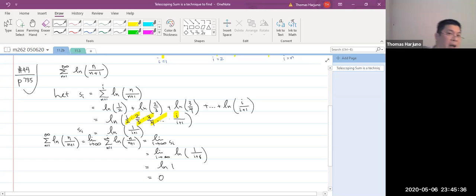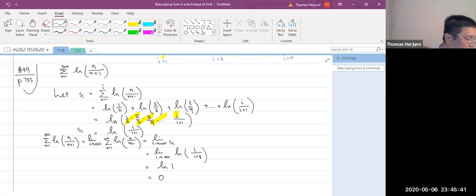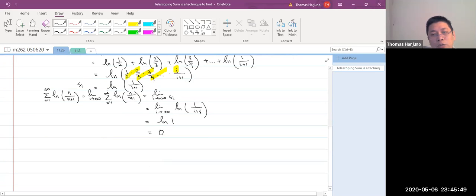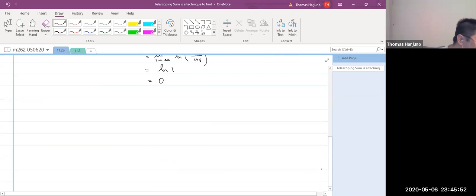Now, it is possible, however, that the telescoping does not cancel with the next term directly. It is possible that the telescoping actually happens over the next two terms. I think I happen to see that question here, number 48.